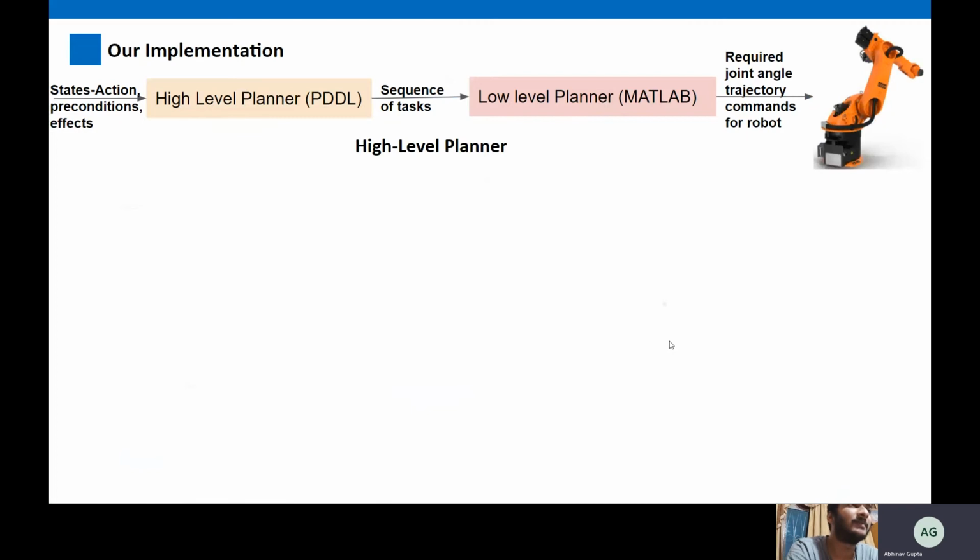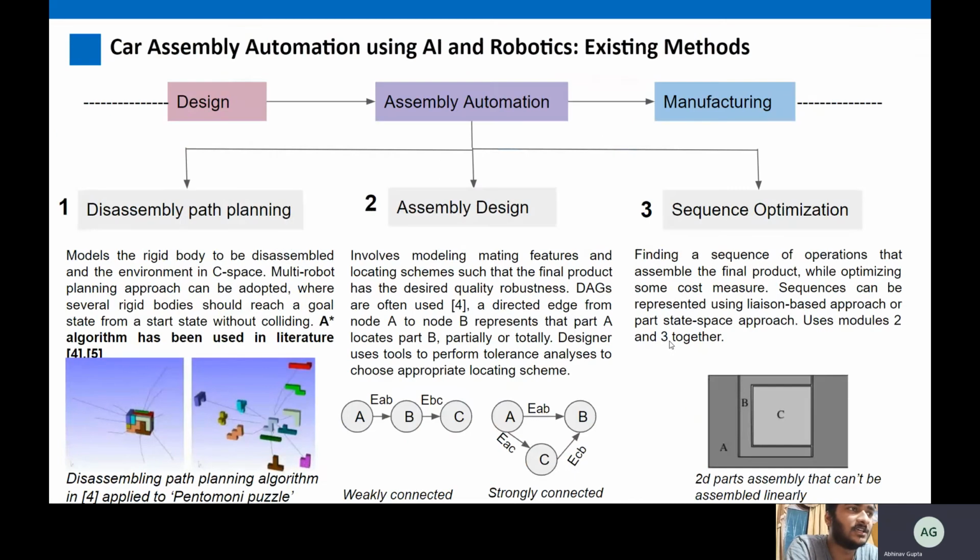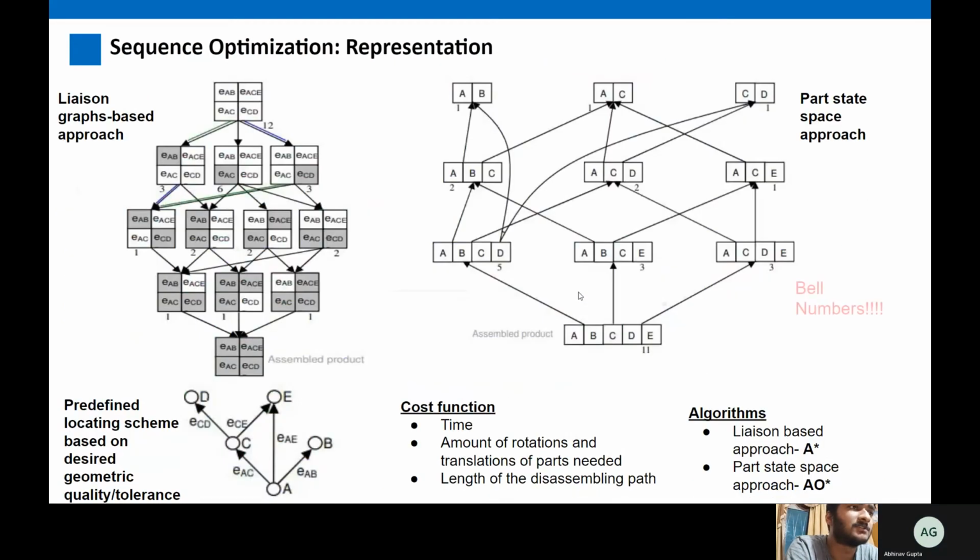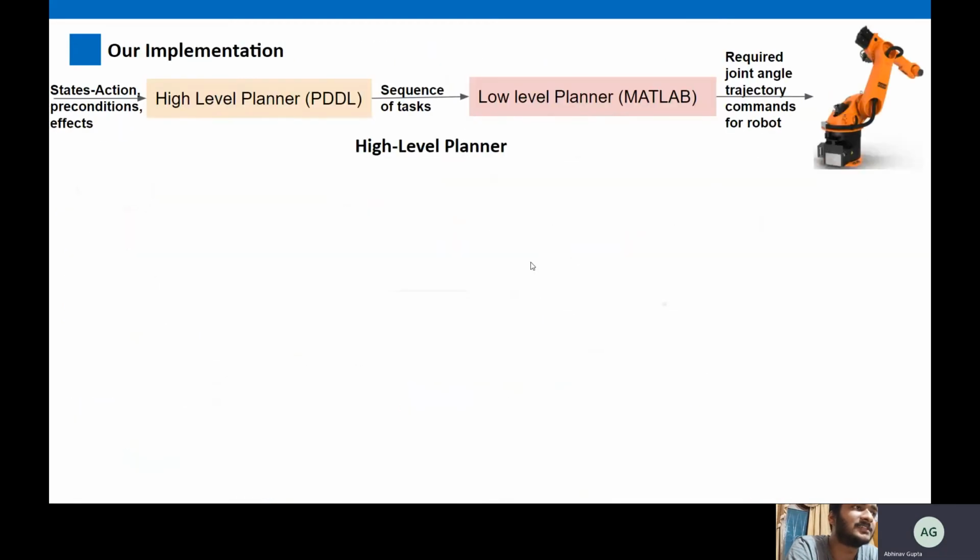Now let's look at how we implemented this entire sequencing process. We didn't do the initial disassembly path planning and assembly design because we had less time, but we did sequence optimization. So let's look at how we implemented sequence planning. Initially, we have the information on the states, actions, and their preconditions and effects.